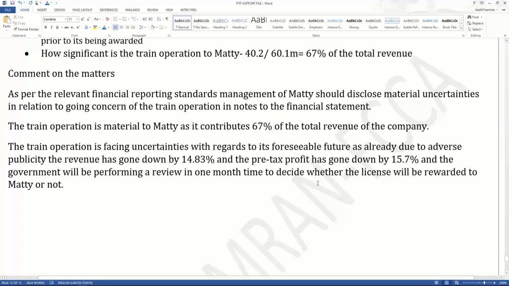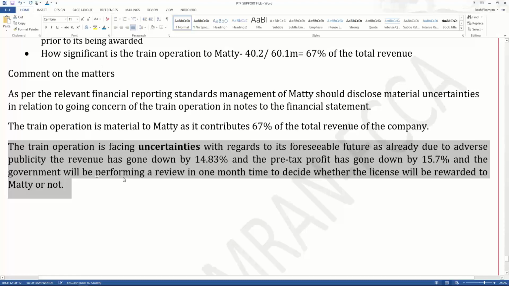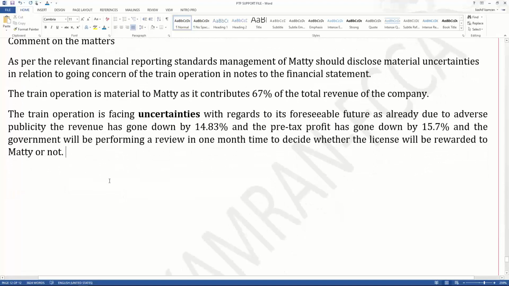So you're telling the examiner that these are the uncertainties in the question: adverse publicity, revenue has gone down, profit has gone down, and in 1 month the government will review whether the license will be given to METI or not.